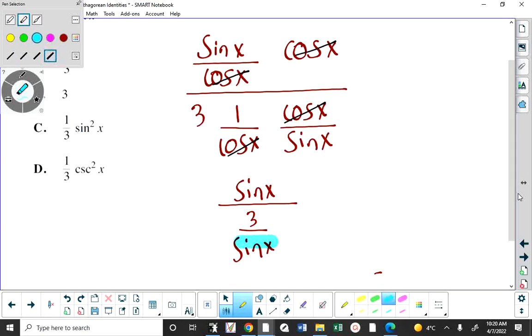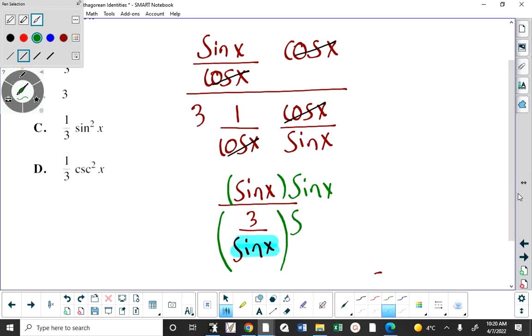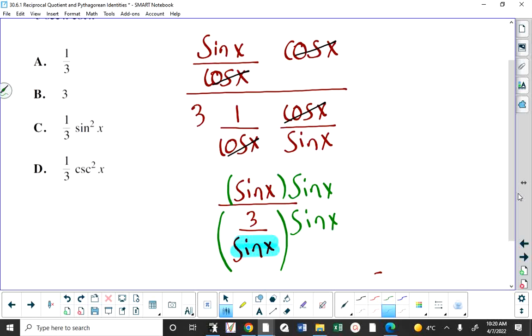This has to go because it's a mini denominator. So I'm going to multiply the top by sine of x. I'm going to multiply the bottom by sine of x. Canceling these, leaving me with sine squared of x on the top, 3 on the bottom. That's the same as saying 1/3 sine squared of x.